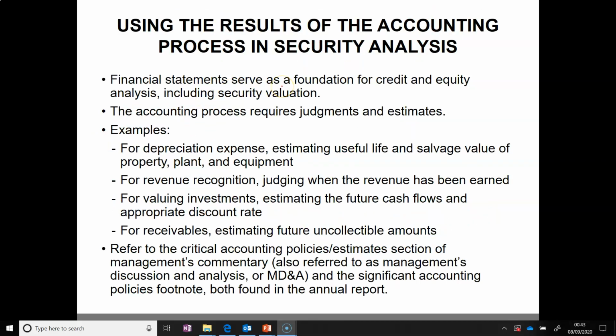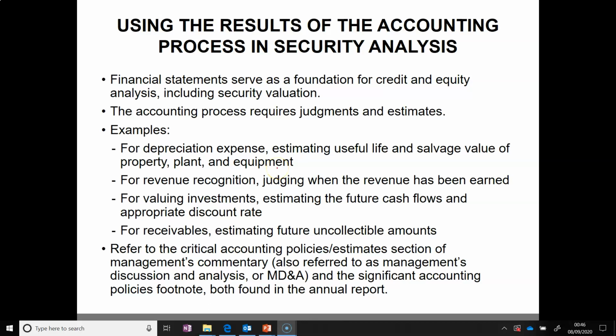Financial statements play a very important role in credit and equity analysis, including both stock and bond valuation. Given that the accounting process involves judgment and estimates, analysts may need to make adjustments to reflect items that are not reported in the financial statements, for example, certain assets or liabilities or future earnings.